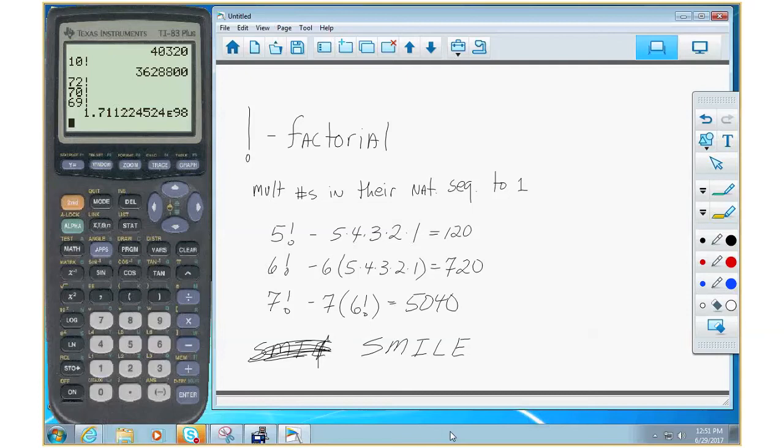Not that they mean anything, but how many different arrangements of those 5 letters? Well, that would be 5 factorial. How many letters there are? 5 factorial. So there's 5 letters, so that would be 5 factorial. Which is what? 120. So there's 120 different combinations of SMILE.